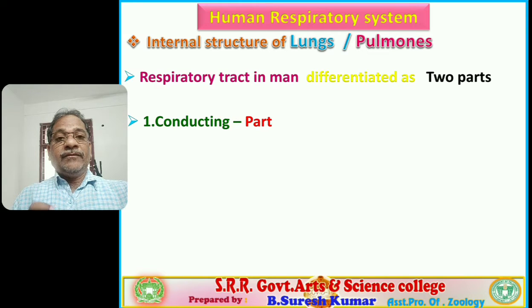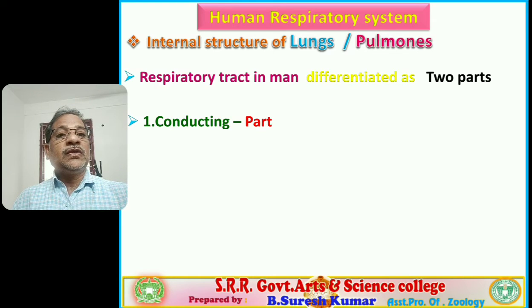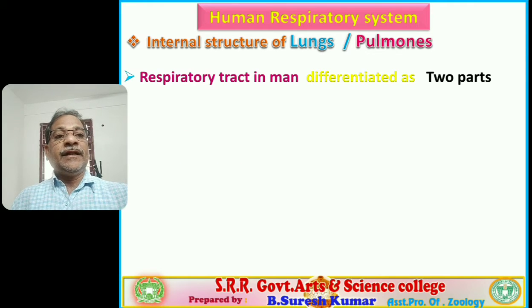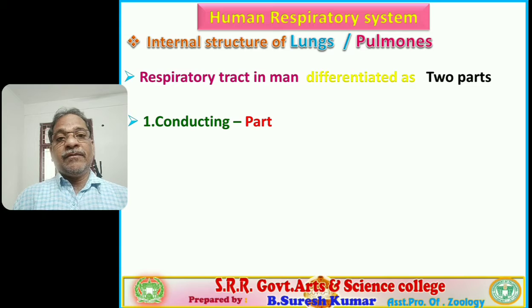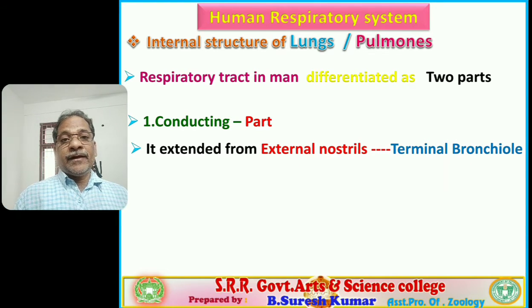Next, if we observe our entire respiratory tract, the tubular tract is present. The respiratory tract in man is differentiated into two parts. One is the conducting part and the second one is the respiratory part. The respiratory part is also termed the exchange part. What is the conducting part? The conducting part extends from the external nares at the tip of the nose, one on either side, one pair of holes.